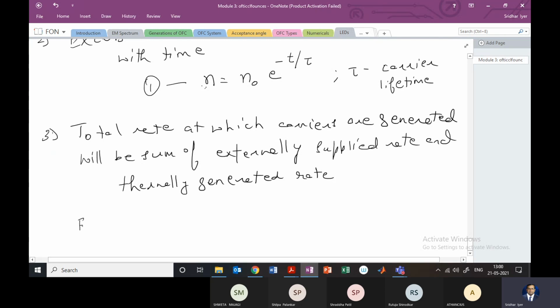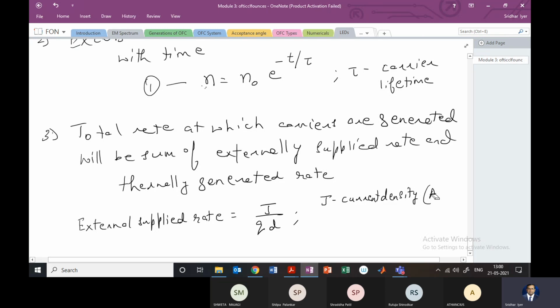So we'll call the external supplied rate. External supplied means the external energy which we are giving, right? External supplied rate is, let's call it some J divided by QD, and we'll define these factors. J is current density. So this will be the current per area, so you'll have this as ampere per centimeter square or meter square.